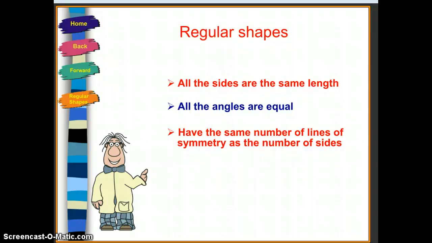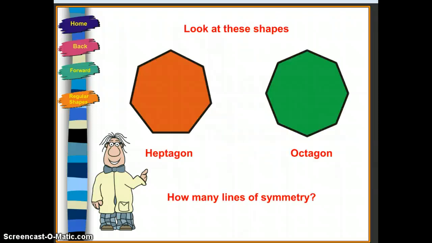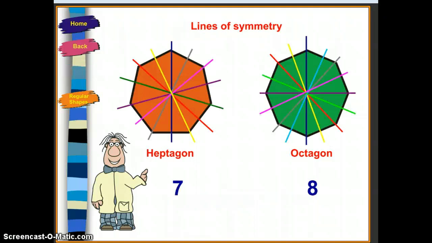Exactly. All sides the same length, all the angles are equal, have the same number of lines of symmetry as the number of sides. That's some cool algebra there. So a heptagon and an octagon, 7 and 8. A nonagon is one with 9 sides, isn't it?